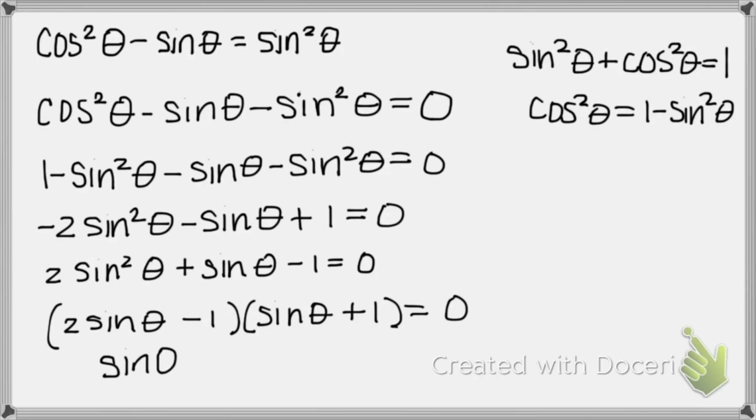And say that sine theta is equal to 1/2. Sine theta is equal to -1. Again, no domain limitation on this, so I'm going to use plus 2 pi n. Where's sine theta equal to 1/2?